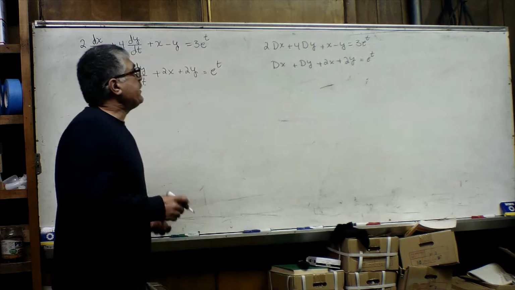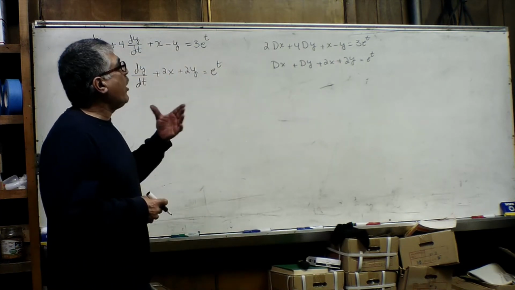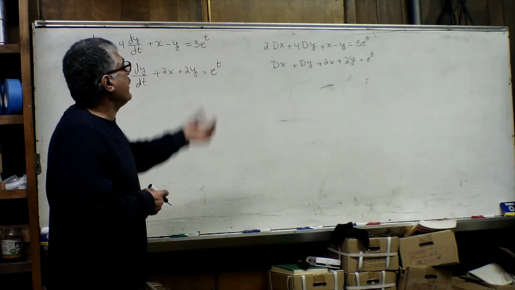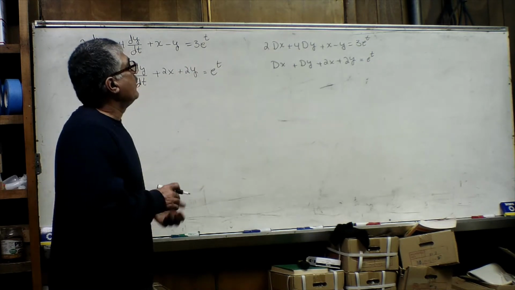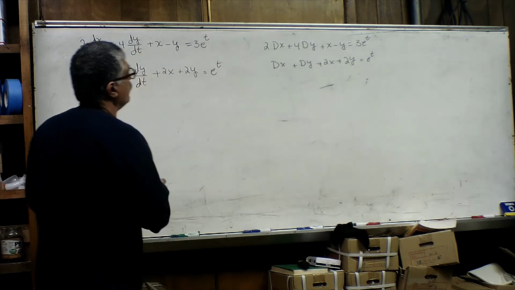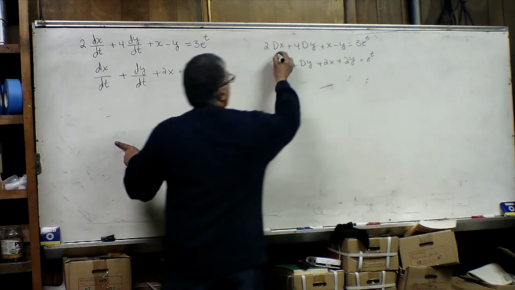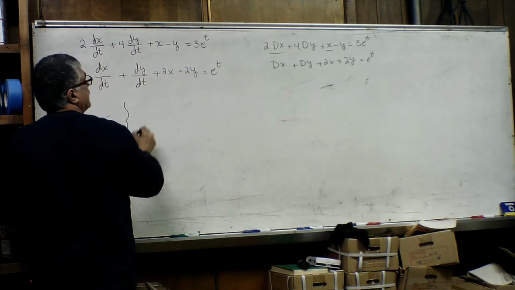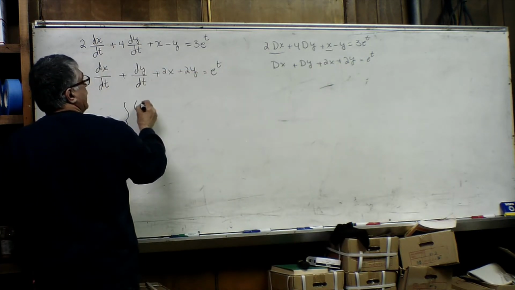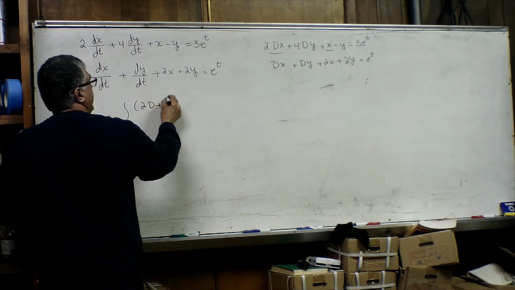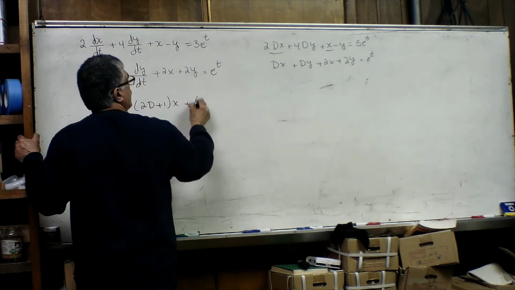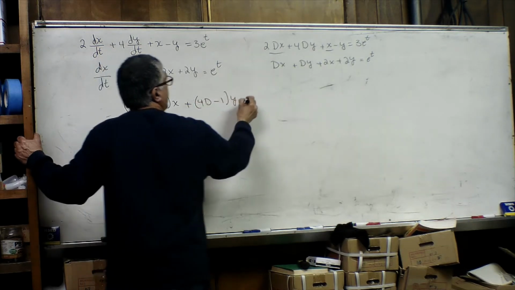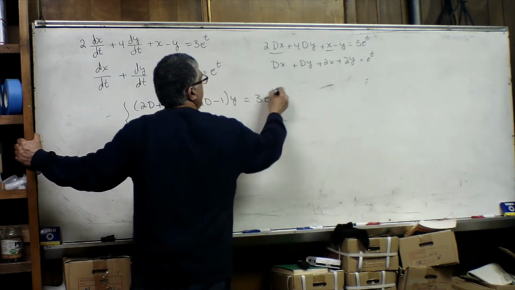So the next step is to eliminate y in this system and solve the equation for x. In that system we can write that as (2D plus 1)x plus (4D minus 1)y equal to 3e to the power t.